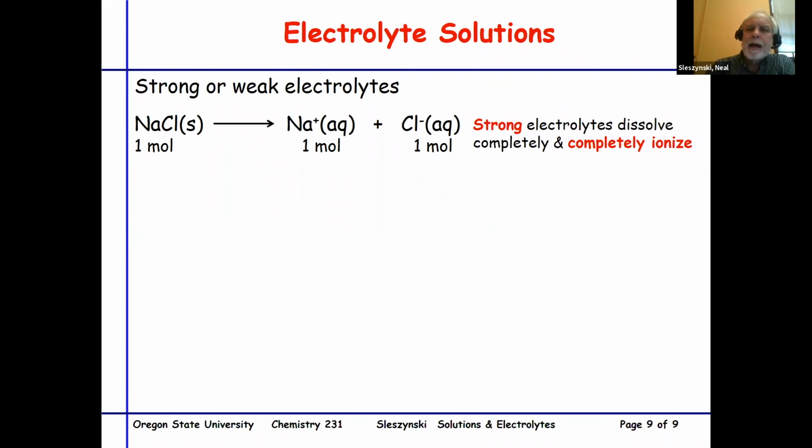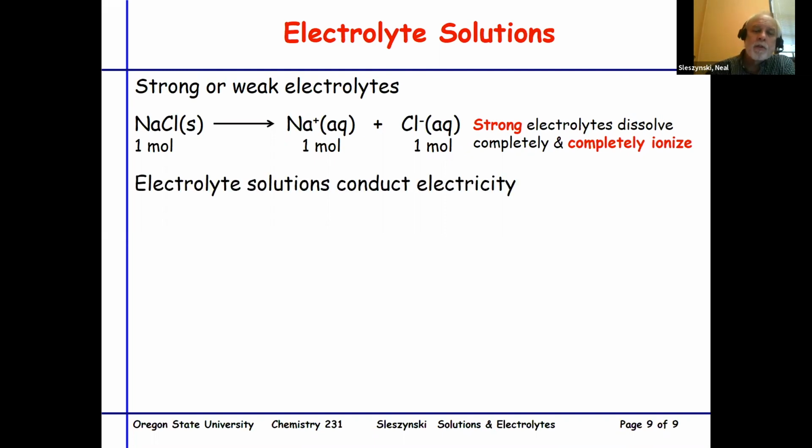Strong electrolytes not only dissolve completely in solution, but when they dissolve, they completely ionize, which means that we do not have any sodium and chloride ions still associated with each other in solution. They've separated from each other and they're associated with water solvent molecules. One of the features of electrolyte solutions is they conduct electricity. Well, that's kind of an odd way of looking at things.